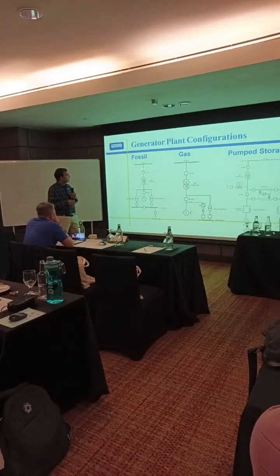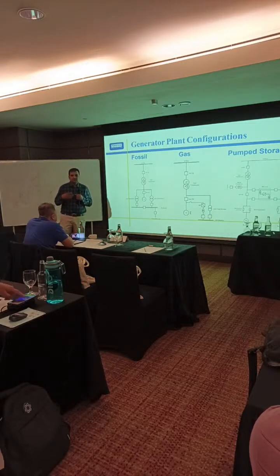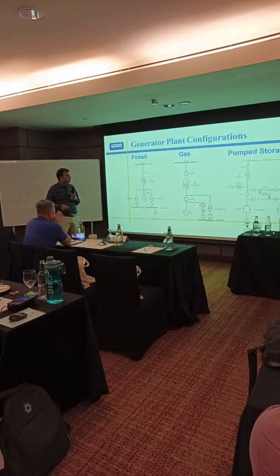And what is the difference between this and this? Gas and pumped storage plants generally do not run continuously. These plants we generally use as a backup. Not every time they run, and they work in pump mode also. So this generator may work differently.